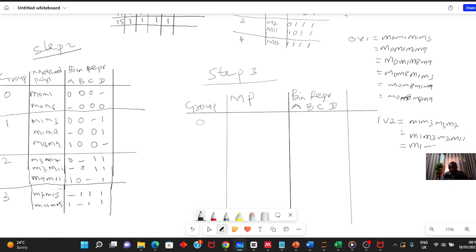Then M1, M3 mapping M9, M11, right? So the next one will be M1, M9 with M3, M7. So M1, M9, M3, M7.